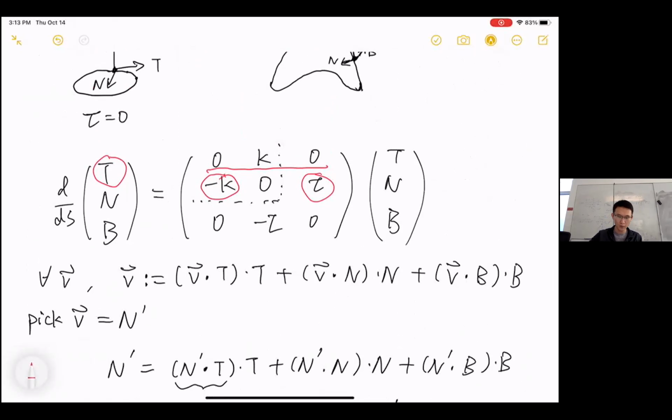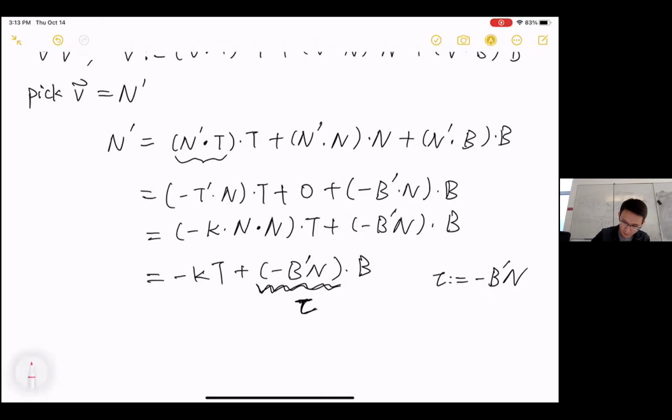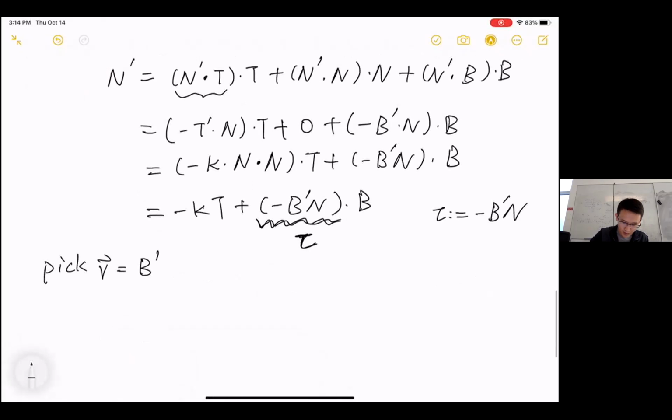Again, we're going to use the same trick. This time, we're going to pick V equals B prime. So it's exactly the same thing: we just plug in B prime to this coordinate system by making projections to each basis vector.